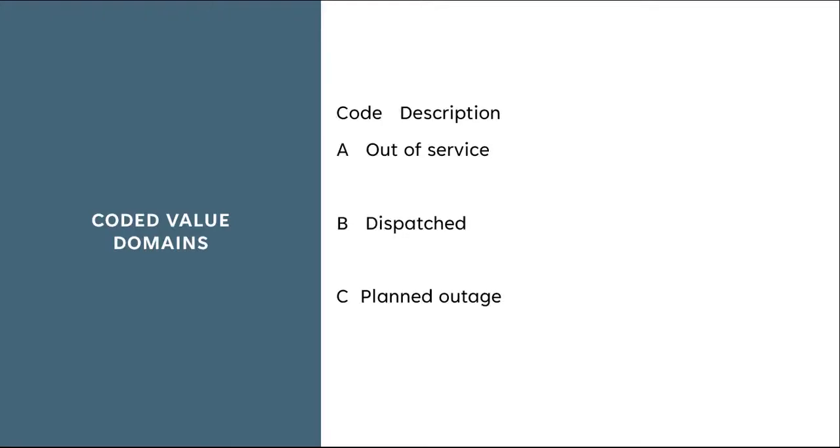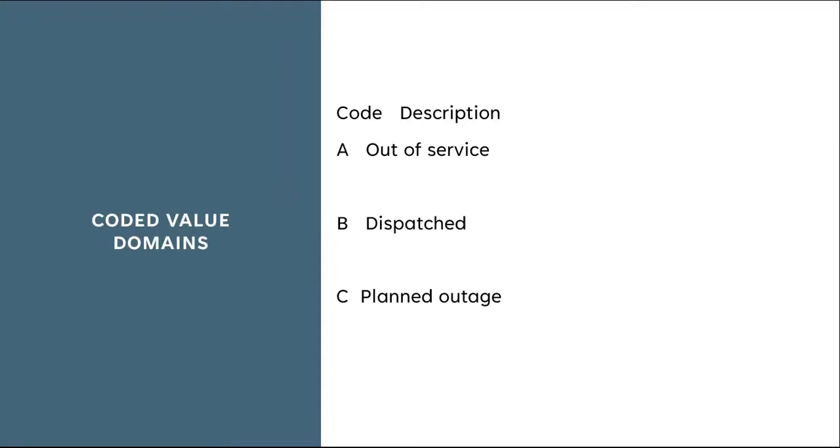Now, code A, description, out of service. Code B, dispatched. Code C, planned outage. With this, instead of typing anything, you just select.